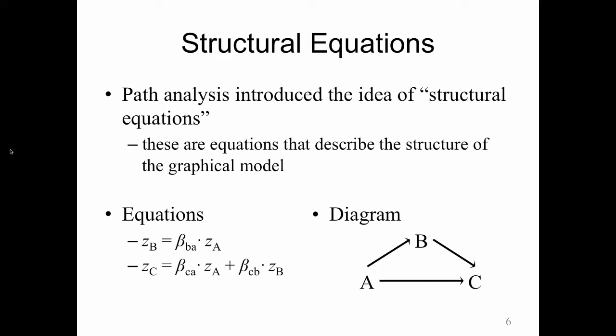The idea is that the equations should capture the structure of the graphical model. And let me explain why I chose to write the notation this way. Generally speaking, when you do path analysis, you almost always use the standardized regression coefficients, regression equations.